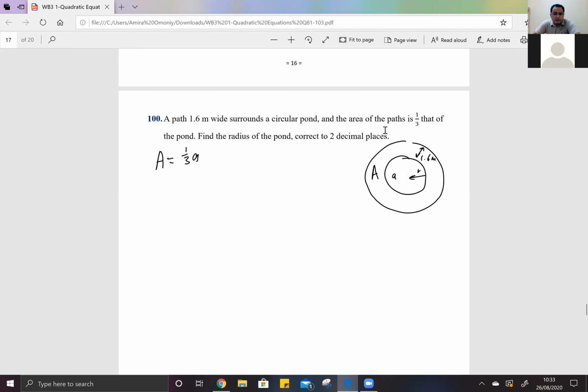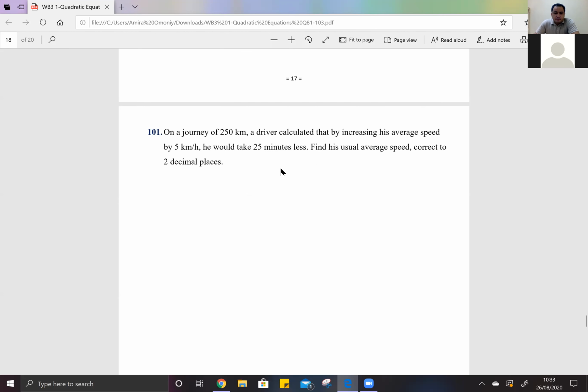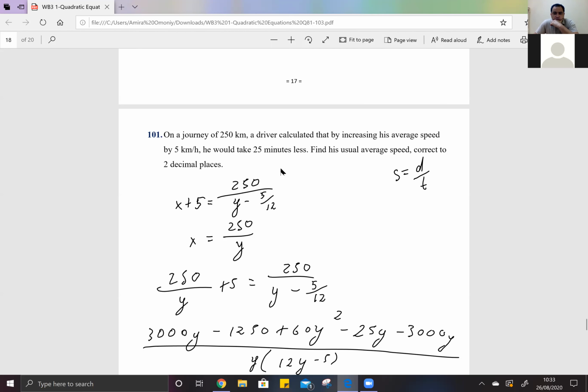And this one I didn't understand. A path 1.6 meters wide surrounds a circular pond, and the area of the path is 1/3 that of the pond. Find the radius of the pond correct to decimal places. Okay, but you understood the question, right? Yeah, but I didn't know where to start from. And then there's this one that I did.